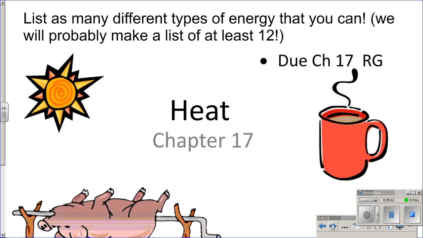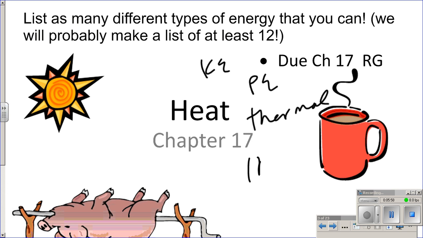Oh, this is my first one. Name off all the energy types you can. Kinetic energy. What else? Potential. Keep going. What else? Any kind of energy. Heat, thermal energy. Sound is a form of energy. Infrared. Waves like the sun, solar.